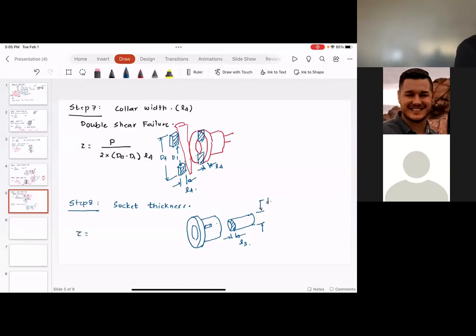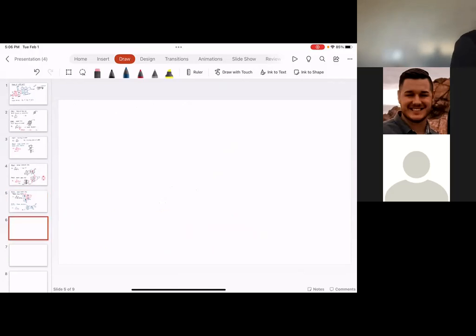So tau is equal to P divided by pi times D times L3. D comes from step number 1, and tau is the shear stress for the socket. Substitute those values, and from here you should be able to get the value of L3. Now we will move on to the spigot. So this is step 8, step 9.